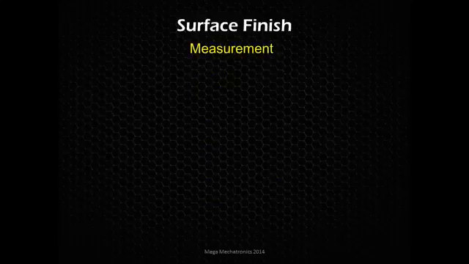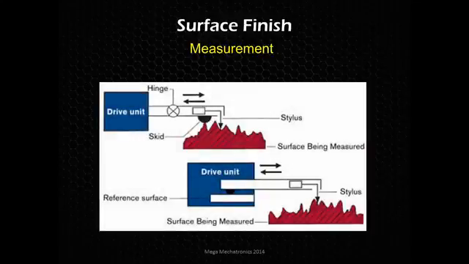So how do they measure surface finish if you don't have an electron microscope? Well, it's based on a stylus system. The stylus is traversing across the surface, getting pulled across the surface, and that stylus is hooked to a very, very sensitive measuring device that will measure the peaks and valleys as it moves across and plot that out for you.